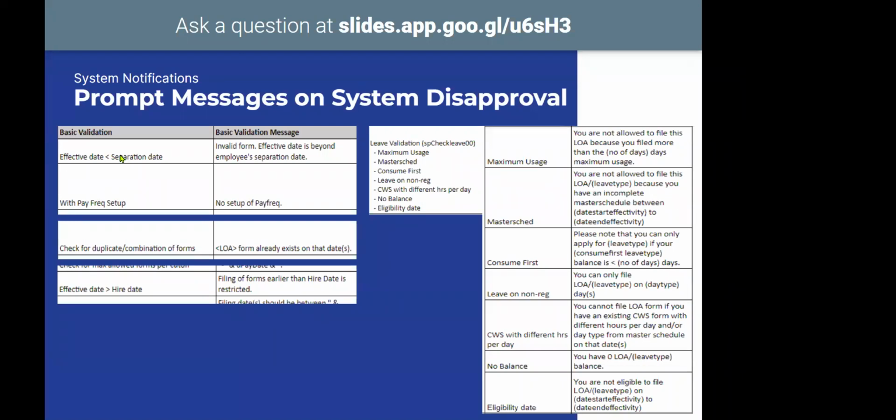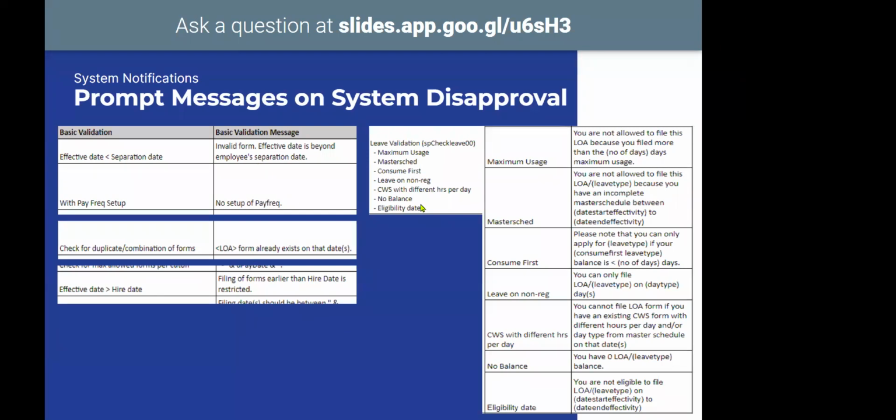So we have, based on the first slide that was shared earlier, the basic validation, such as the effective date should be less than the separation date, with pay frequency set up. And we also have the effective date greater than the hire date. These are the basic validations that happen in the front end. And we also have their corresponding validation messages.